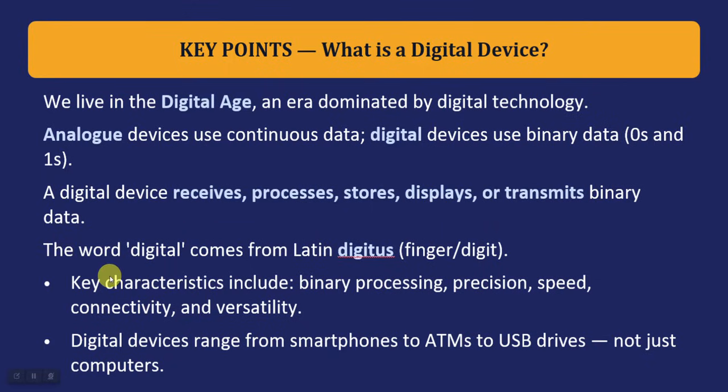The word digital comes from the Latin word digitus, which is finger or digit. Key characteristics include binary processing, precision, speed, connectivity, and versatility. Digital devices range from phones to ATMs to USB drives, not just computers.